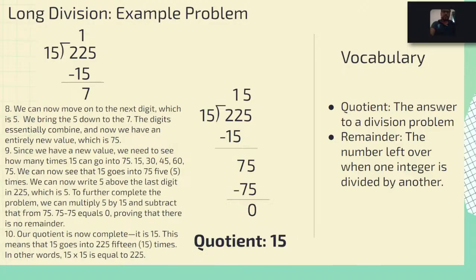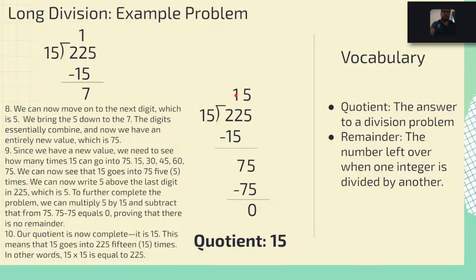15, 30, 45, 60, 75. We can see that 15 goes into 75 5 times. We can write 5 above the last digit in 225. So we write 5 above the 5. To further complete the problem, we can multiply 5 by 15.